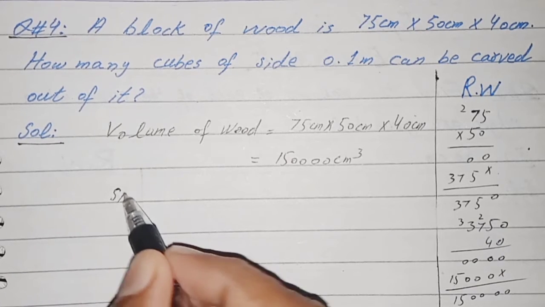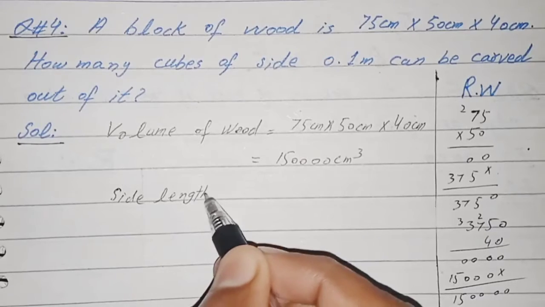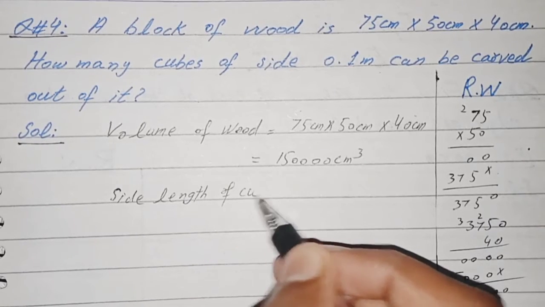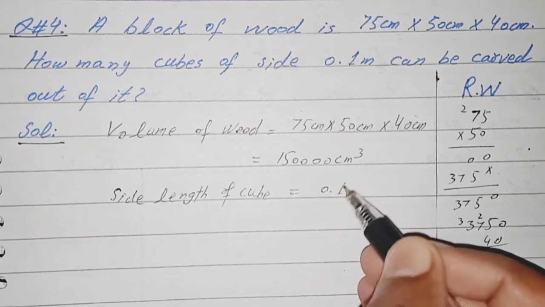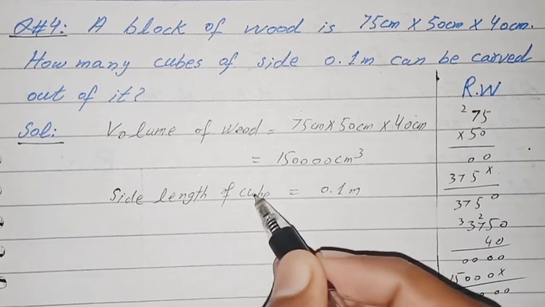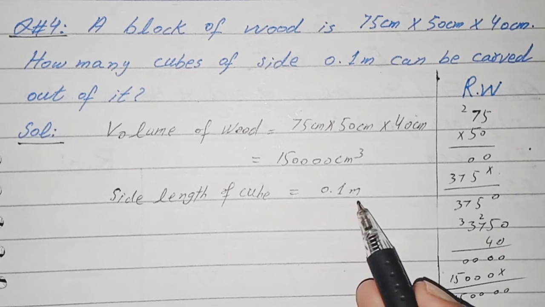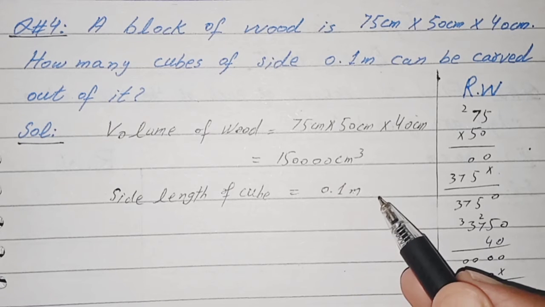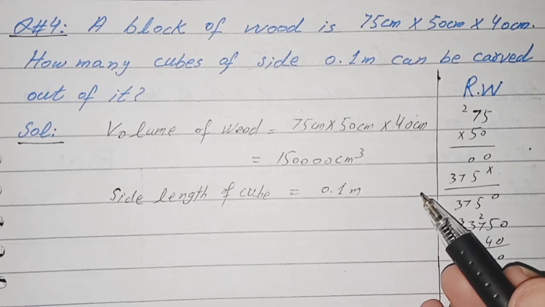Side length of cube is 0.1 meter. We know if it is a cube, its volume will be equal to length multiply breadth multiply height. Its length, breadth and height will be same.